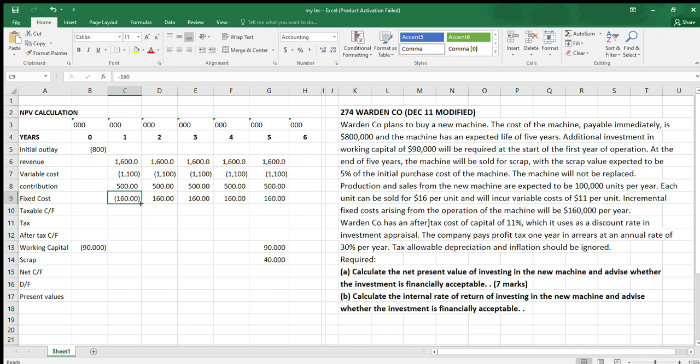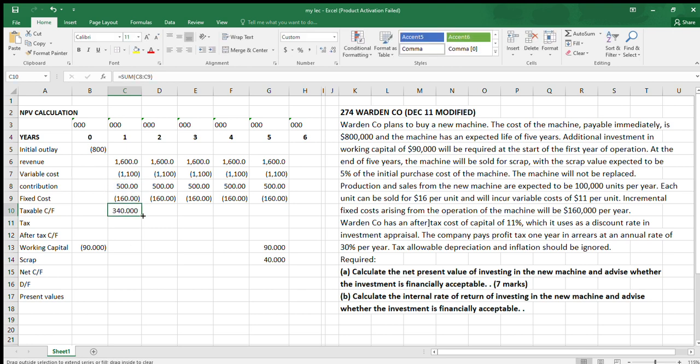So taking your fixed cost from your contribution gives you your taxable cash flow.